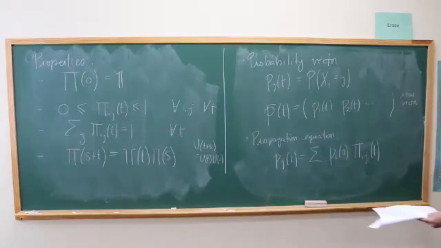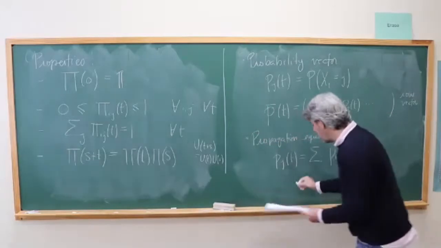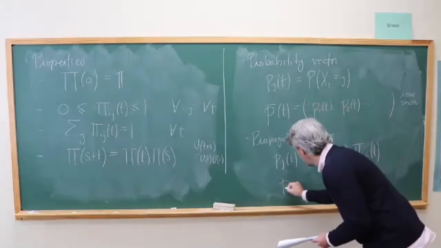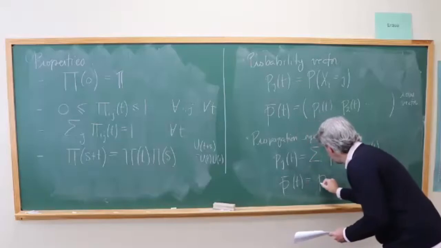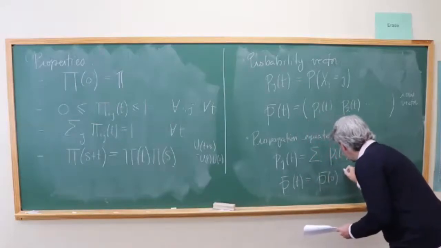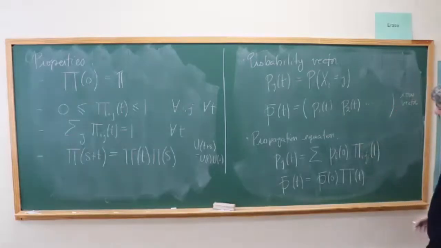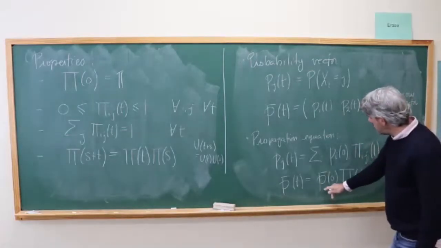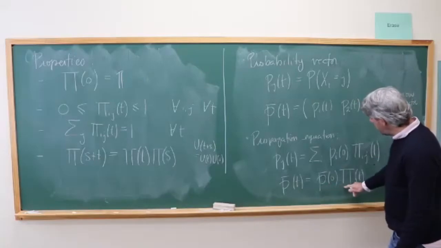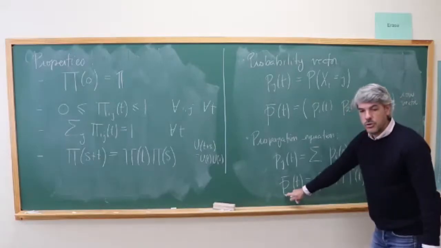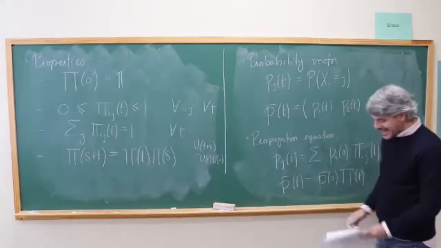If you look at this, this is again a matrix product, so I can write this down as a matrix product. I'm going to write this as P vector t is the P vector 0 times the matrix Π_t. So this makes sense. The initial distribution at time 0, I propagate it as row vector times matrix to obtain the row vector of probabilities at time t.